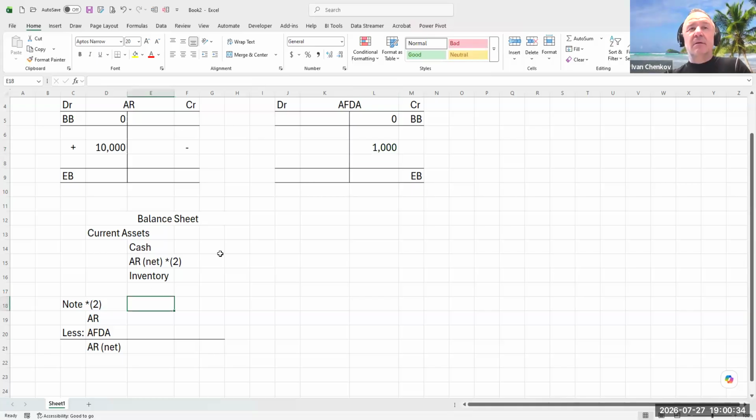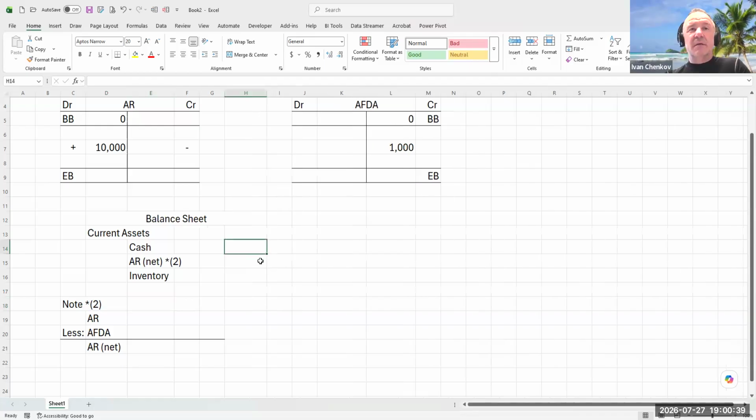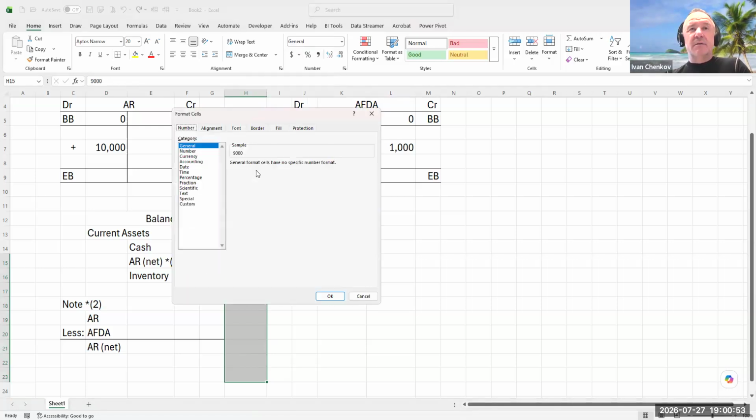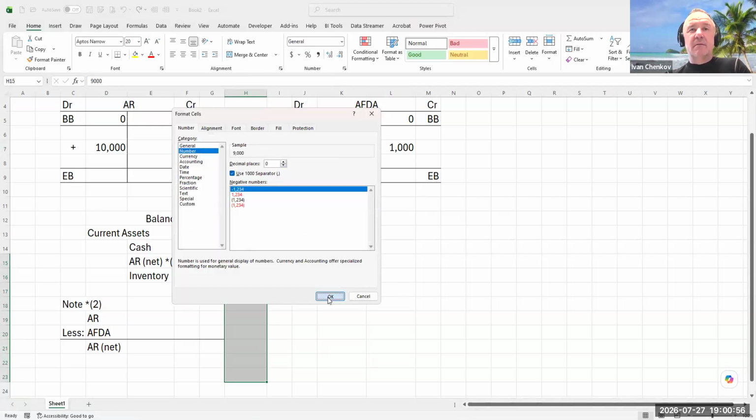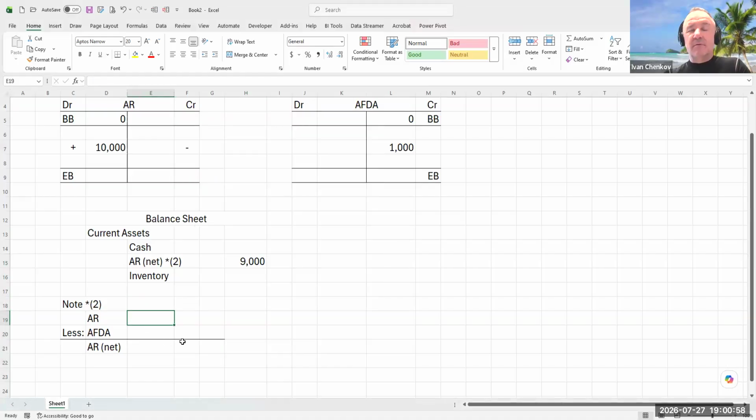And then on the net here, we're going to see accounts receivable of $9,000. Why would it be $9,000? We check the notes, and the note simply tells us that we have accounts receivables of $10,000, allowance for doubtful accounts of negative $1,000, and a net of $9,000. And that's how it's going to be.